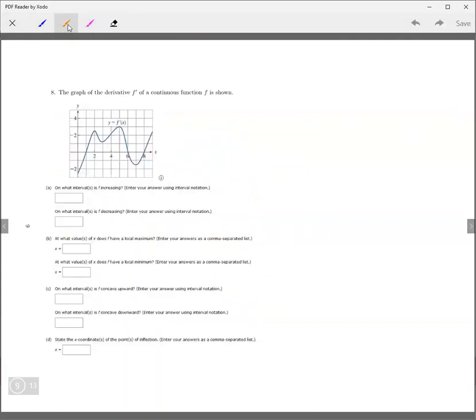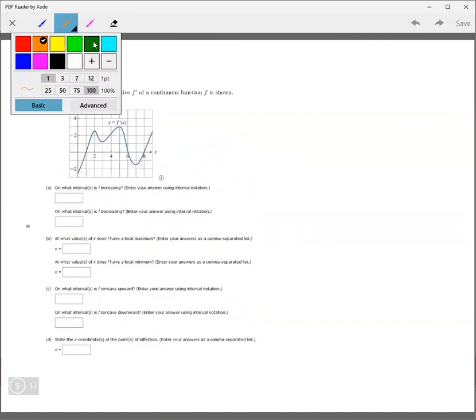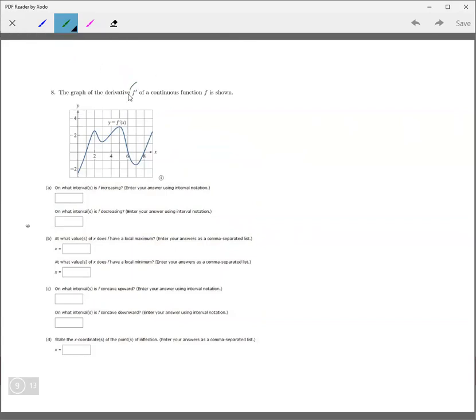Number 8. Okay, this is the graph of the derivative. So you have to remember, this is the graph of the derivative. On what intervals is f increasing? This is the derivative, so you're looking for above the x-axis.